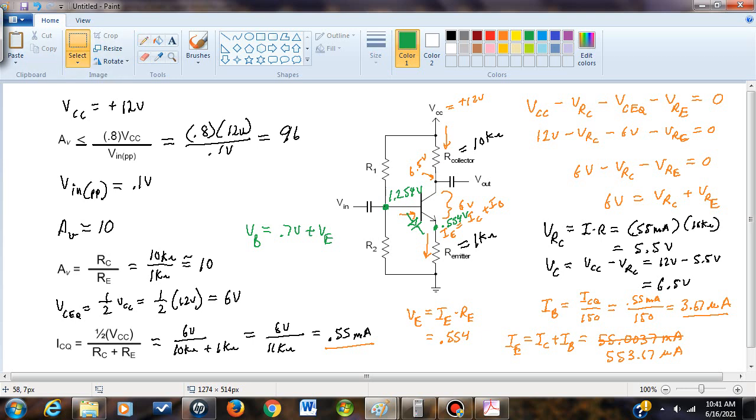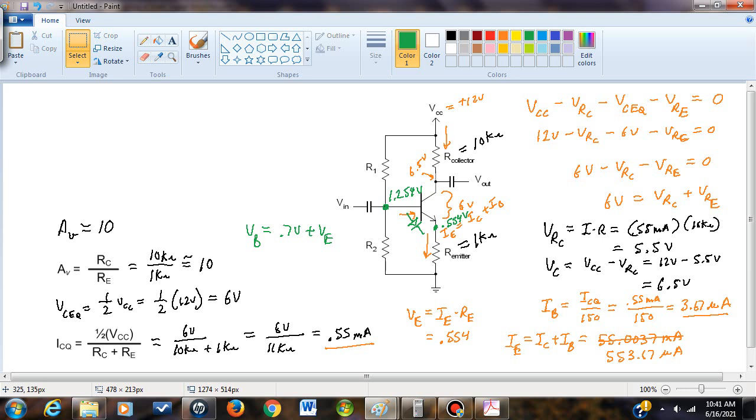Now I'm going to make room here. So what we're solving for now is the current flowing through R2. So IR2 is equal to 10 times IB. Base current was figured out at 3.67 microamps, so therefore IR2 is 36.7 microamps.